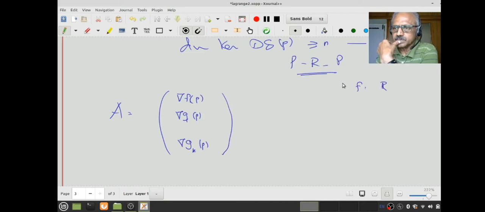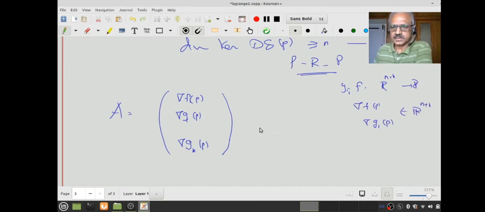All these f, g are functions from Rn+k to R. Therefore, all these gradients, del f at p and del g at p, are elements in Rn+k. Right? So I start with any vector xi, which is (x, y) in Rn+k.